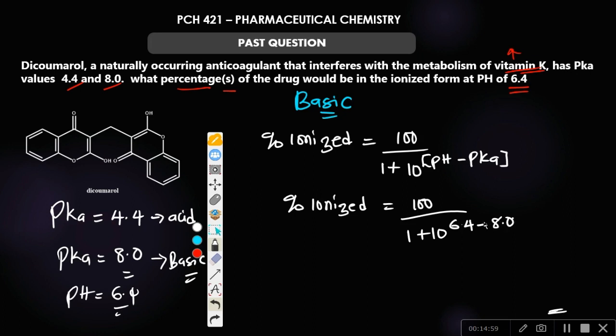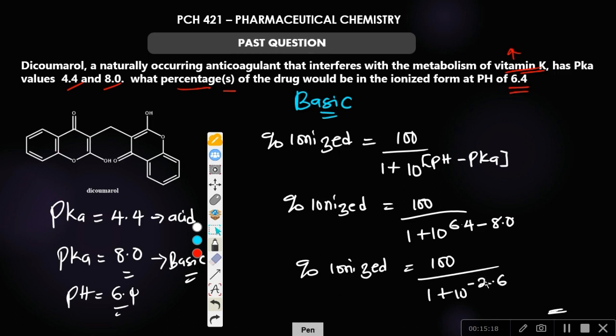Is that okay? Now, at the end of the day, what do you think we are going to have? Percentage ionized will be equal to 100 over 1 plus 10 raised to the power of minus 1.6. 6.4 minus 8.0 is minus 1.6.